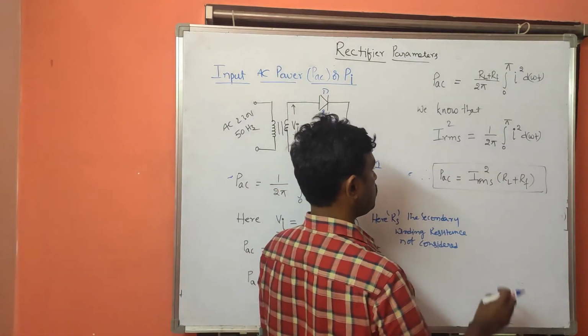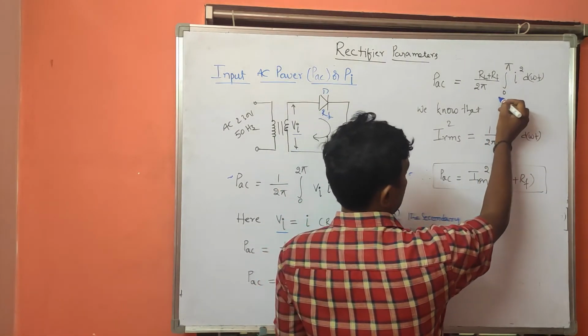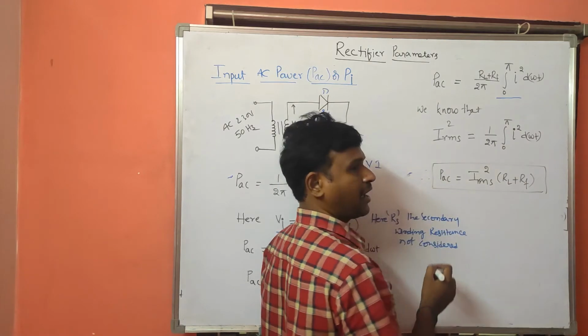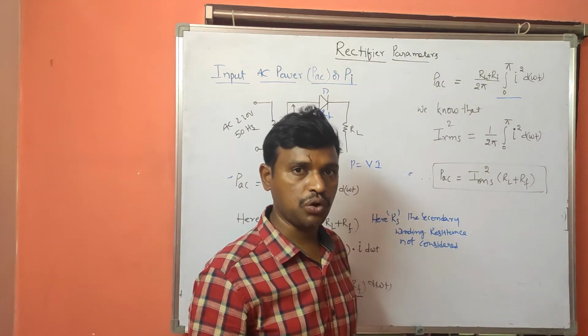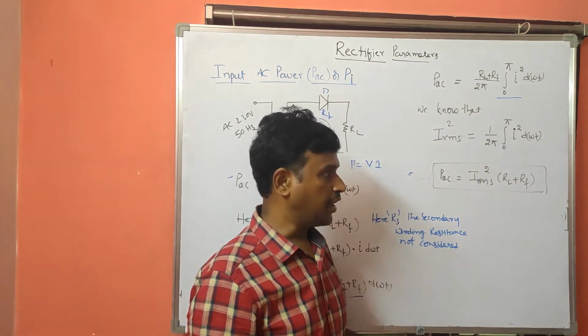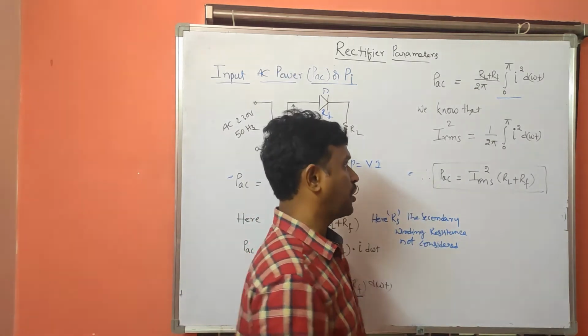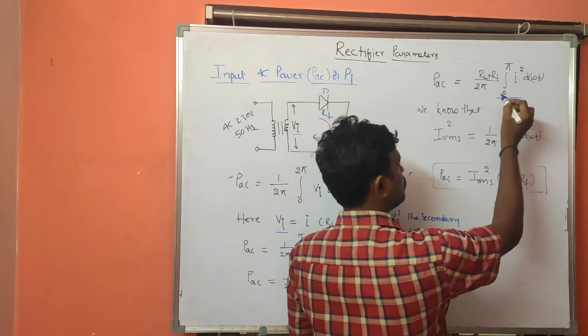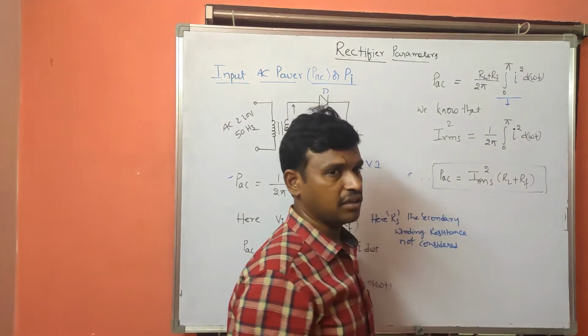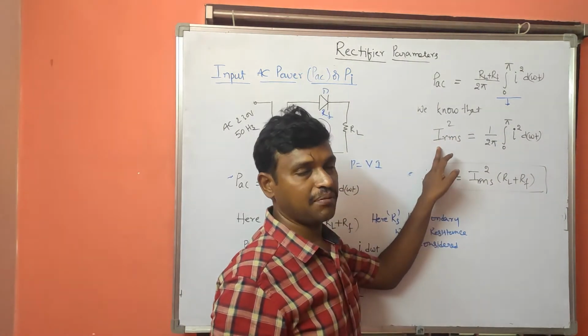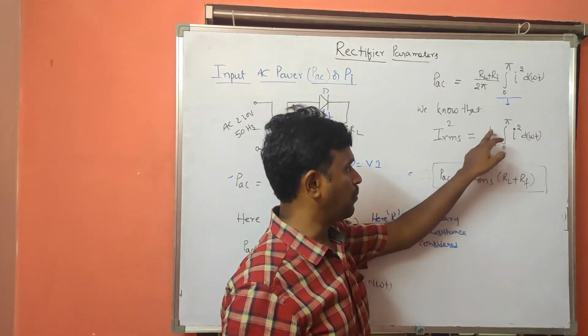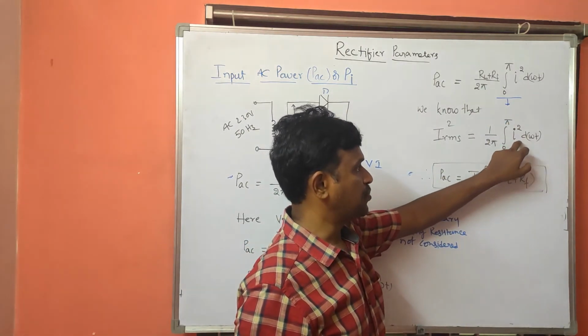Now what we can observe here is Irms. The Irms value is square root of 1 by 2 pi integral of 0 to 2 pi I square d omega t. So it is in the same form, and I will take Irms square equal to 1 by 2 pi, 0 to pi I square d omega t.